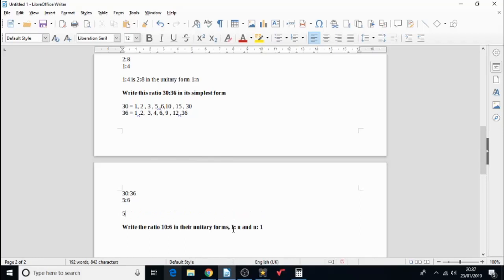Therefore, 5 to 6 is 30 to 36 in its simplest form.